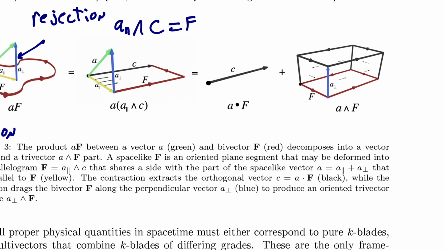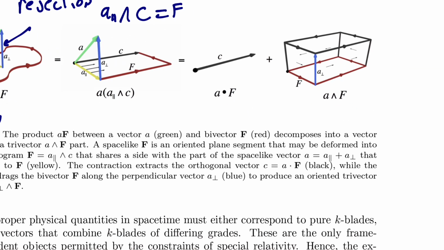And then I say, well, that space-time product is going to have a vector part and a trivector part, because that's the way space-time products work with multivectors. They have parts that lower the grade and parts that raise the grade. Sometimes they have parts that leave the grade alone, but not always, and in this case they don't.